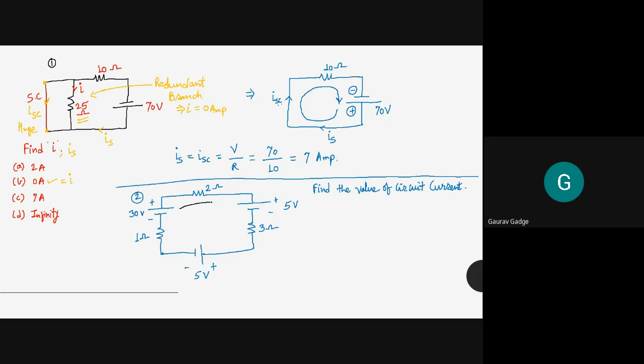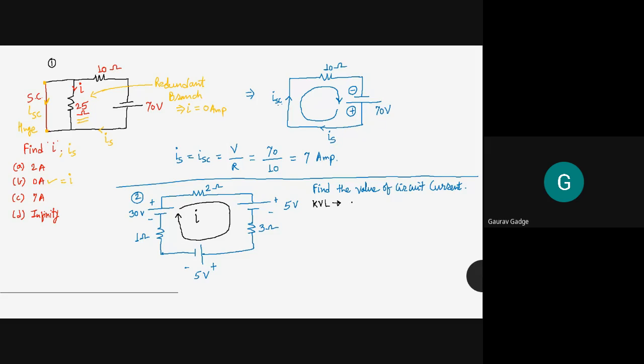I consider positive as the starting point for the current, and it ends on negative. So let the circuit current be clockwise with value I. Now by applying KVL, Kirchhoff's voltage law, to this circuit, we can form an equation.